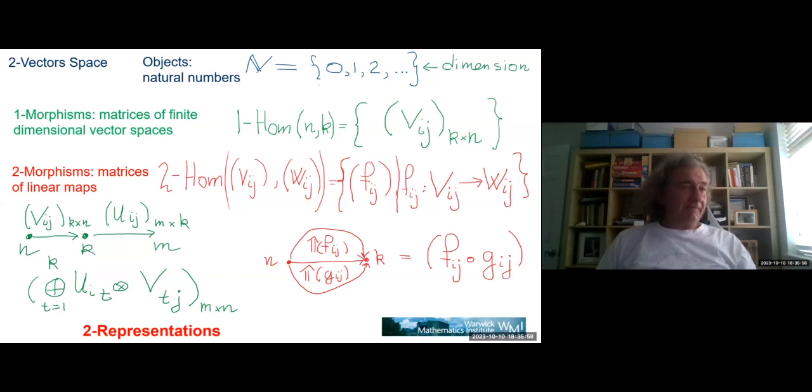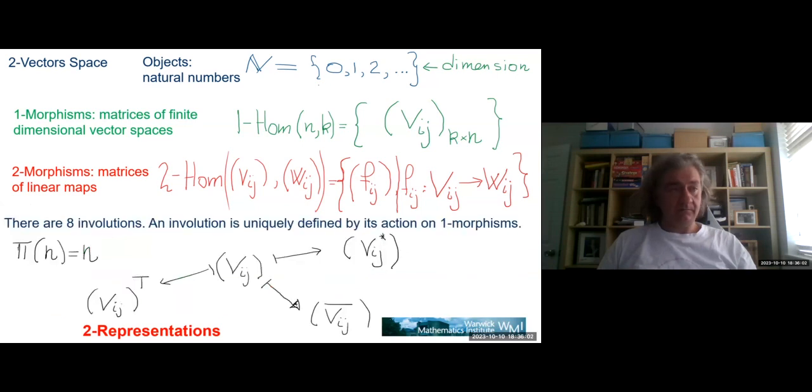Now, what are the 8 involutions on 2-vector spaces? Essentially, here they are. If you think of a 1-morphism, it's a matrix of vector spaces. You can do 3 basic operations. You can transpose the matrix of vector spaces.